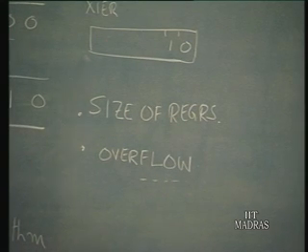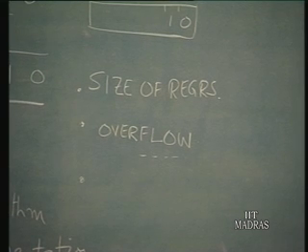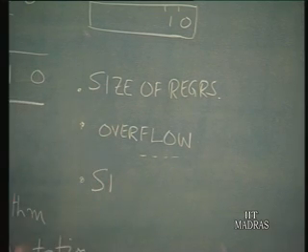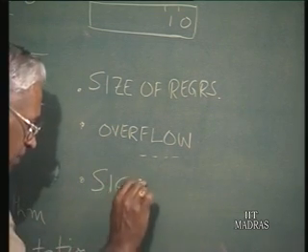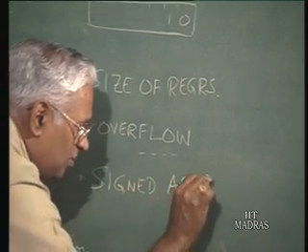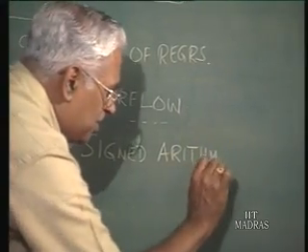The other point is, so far we have not taken the sign of the data into account anywhere. But we know that signed numbers will also have to be represented. So signed arithmetic is also something we have to bother about.